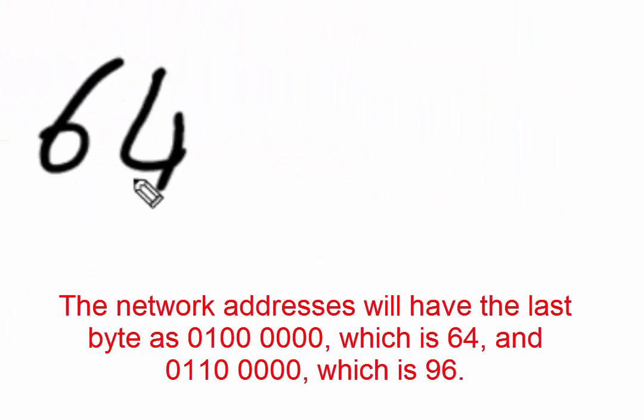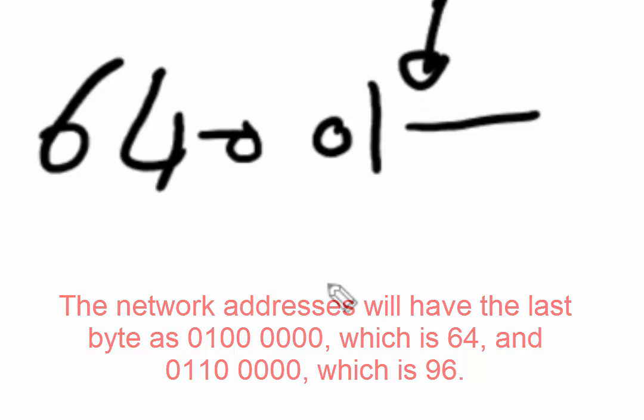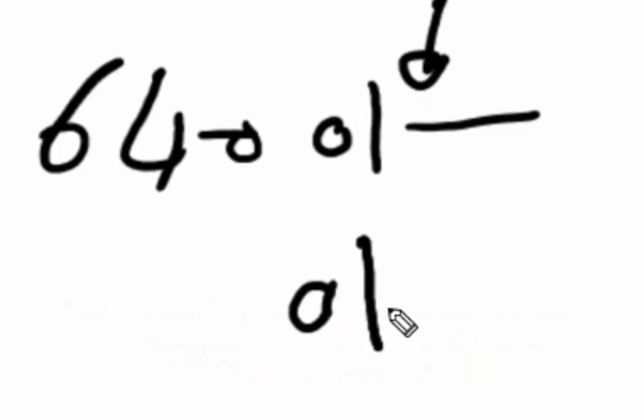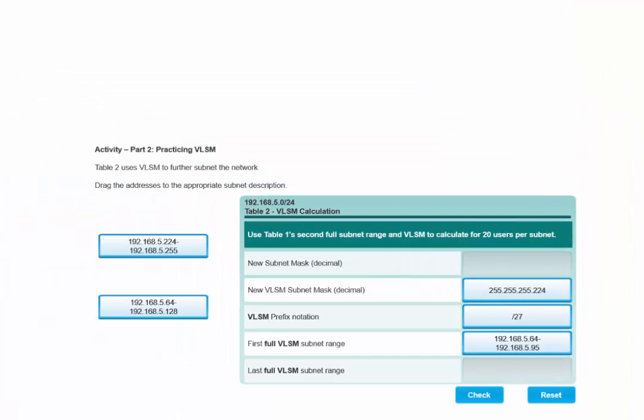The one should be 64, which means 0, 1, and all zeros. And the next, because we have borrowed one extra bit, so this should be 0, 1, 1, and then all zeros. This is actually 96, which obviously is incrementing 1 after 95 here.